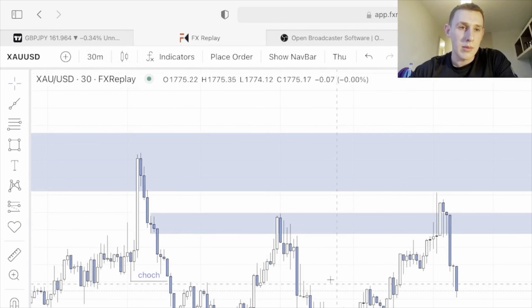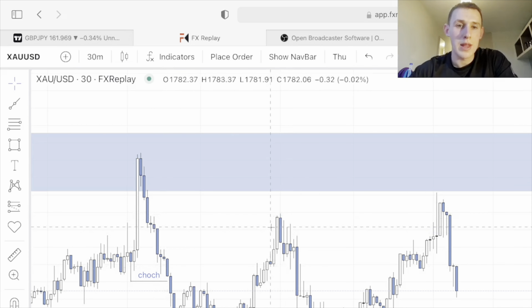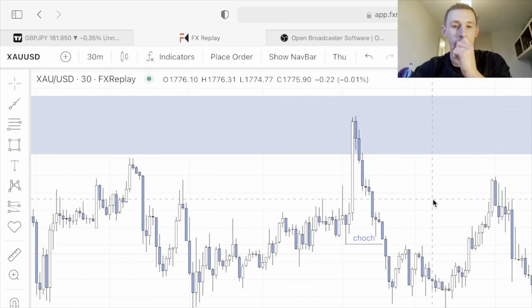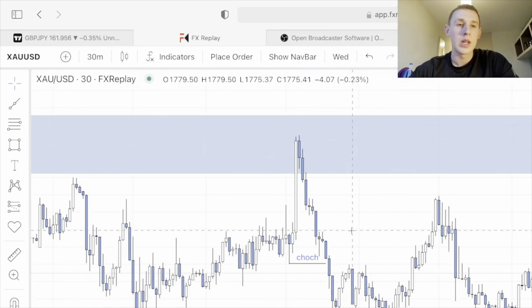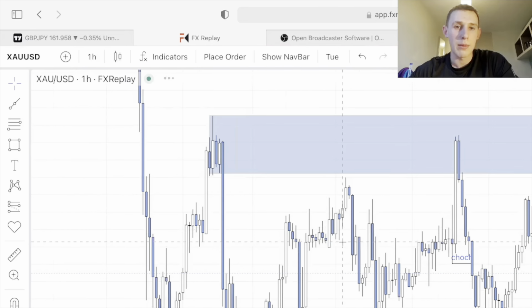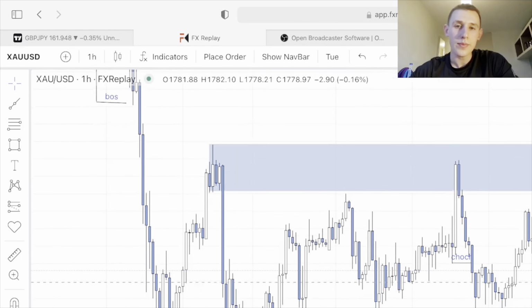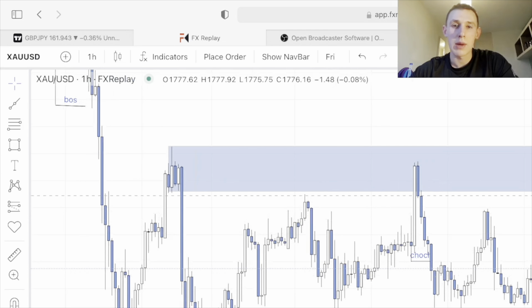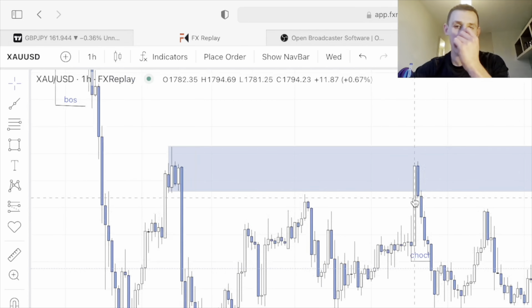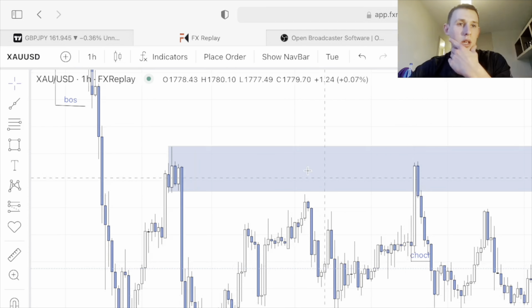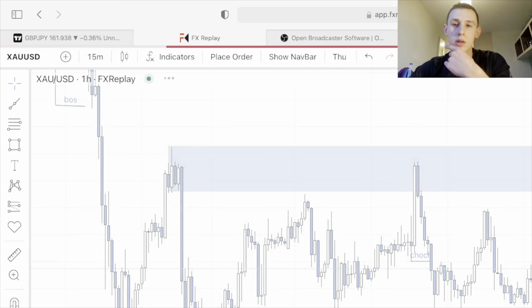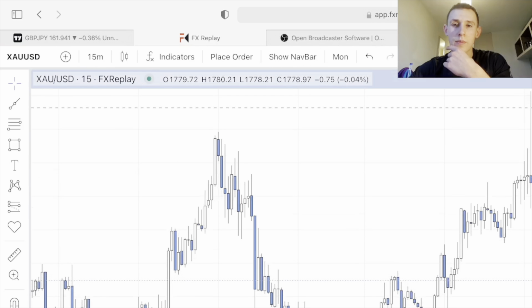What's it reacting from now? So I think maybe this area was inducement. We've still obviously had that break of structure from a key level of supply. Price has come up, filled in all of the imbalance, and if we see now, we also did break structure from that level.